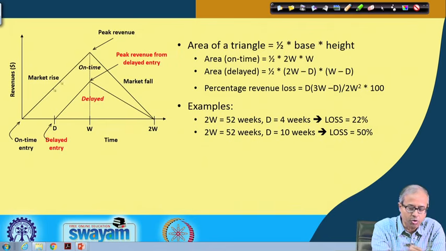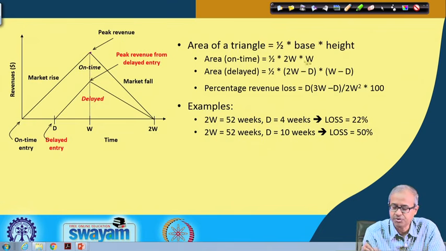So for the on-time case, the larger triangle, the area will be half into base, which is 2W, and height, which is W. Let us assume this is a triangle rising at a 45° slope, so the height is also W. So 2W into W by 2 becomes W square.